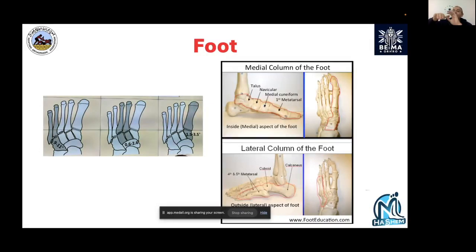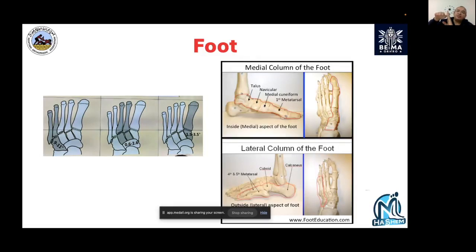On the other side, when you fuse the first ray, which is the medial column, you have to be very careful about where to fuse it, where to do a Lapidus procedure, because if you fuse it in the wrong position, flexed, lowering the arch, you will end up with an iatrogenic flat foot. So even if you have to fuse, you have to fuse it in about 1.5 to 3.5 degrees of flexion, so you maintain some sort of arch.